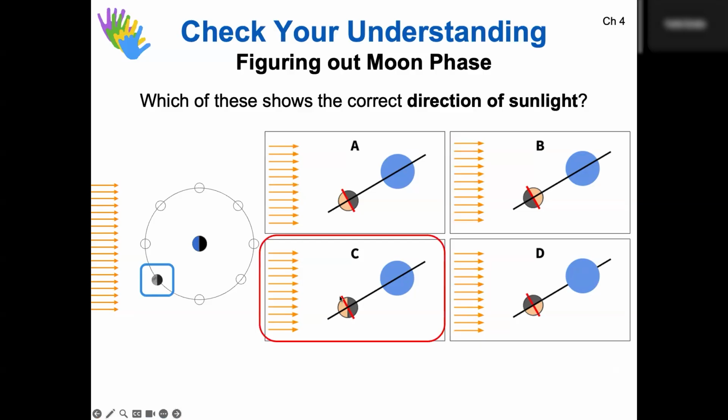So the moon has an axis, the Earth has an axis, but half of the moon is always being illuminated by the sun, and it's going to be perpendicular to the direction of that light. It would not make very much sense if this part was in the sun and was not illuminated. Does not make sense that the part of the moon that is not facing the sun would be illuminated, and that's the same for D.